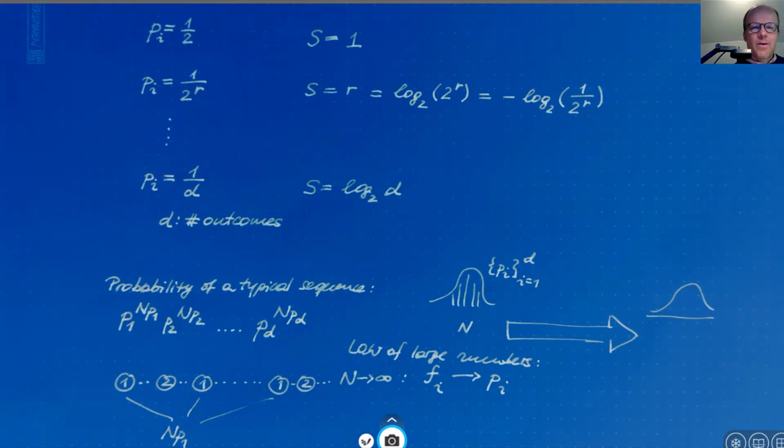Well, and at the same time, by the law of large numbers, in this limit n going to infinity, all sequences are typical. All typical sequences have the same probability, and therefore the number of different typical sequences is simply equal to 1 over this probability.